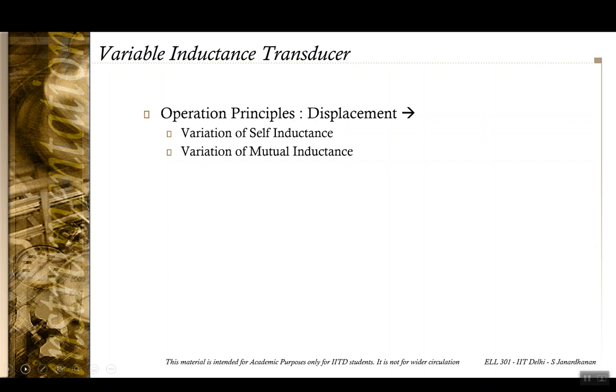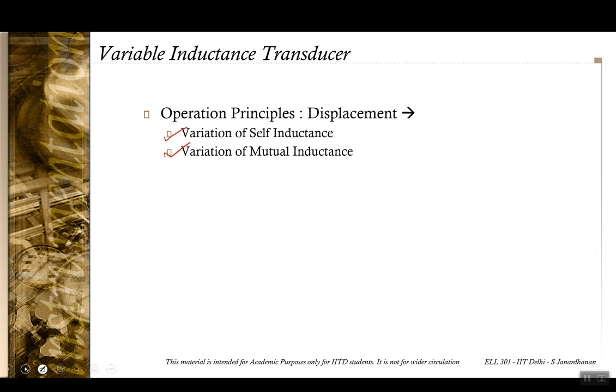You can change the self inductance or the mutual inductance of the circuit element by appropriate displacement. So let's look at both of these variations, both of these circuits sequentially. First, let's look at the self-inductance variation.